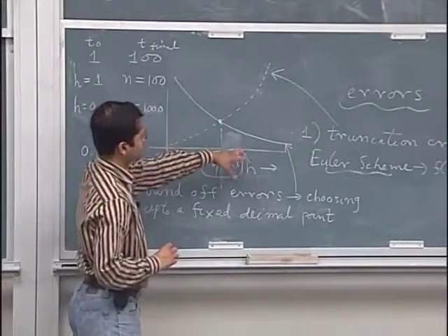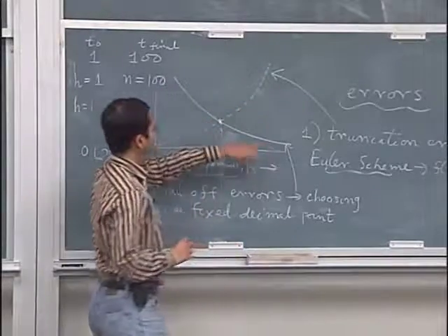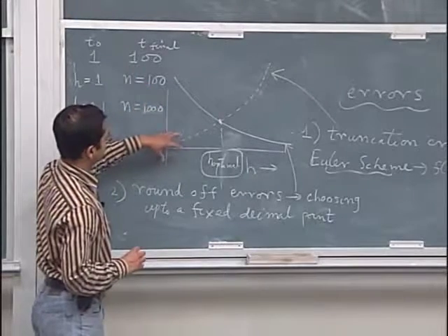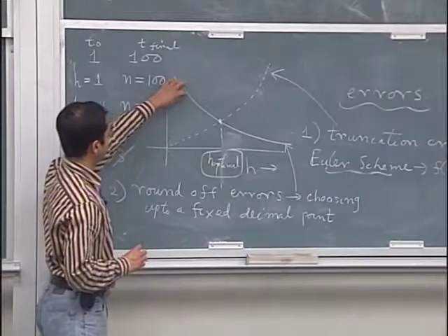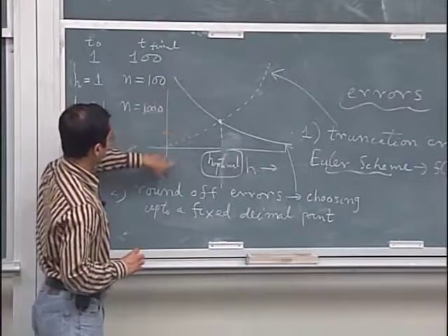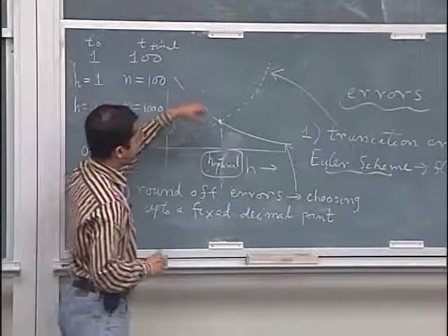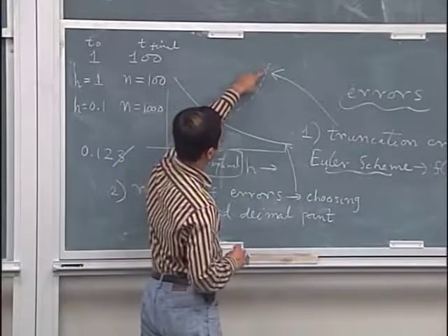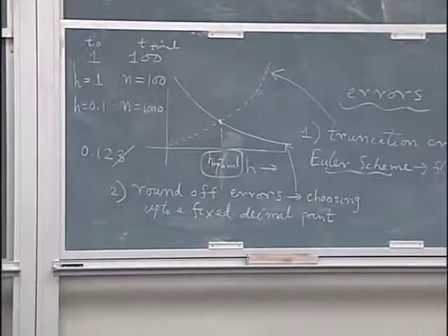Because if you increase h, you are making large truncation error. But if you take too small h, you have huge round off error. So small h, large round off error, small truncation, and large h, small round off, large truncation. Or in between you have a balance between those two.